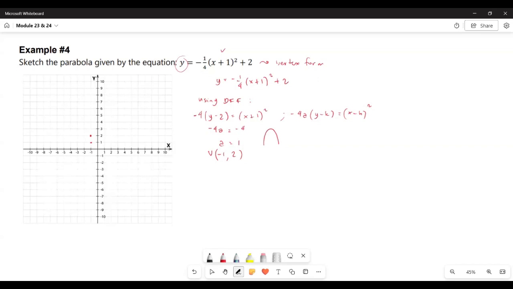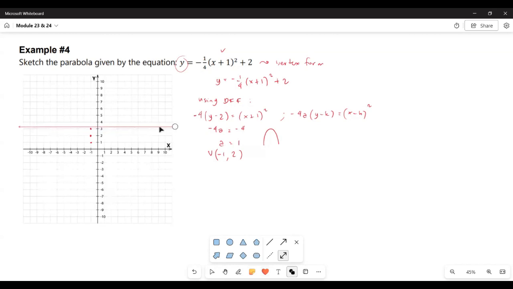And for the directrix, ang directrix is counterpart ng focus but line kasi siya, di ba? So, ang distance ng directrix papunta sa vertex of a parabola is just a, or simply 1 based sa ating computation. So, i-plot natin yung ating directrix. So, dito yun magpo-fall, di ba?